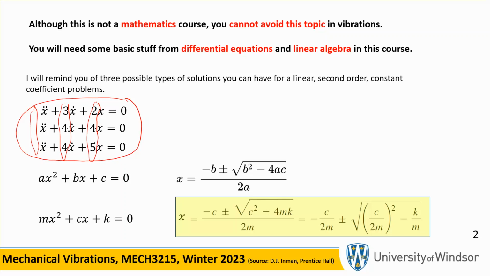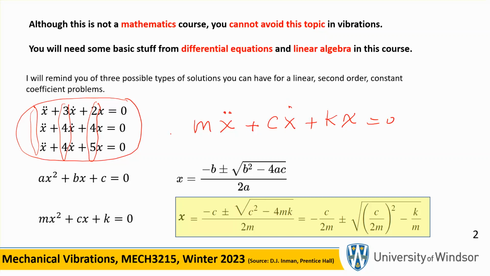What I want to do is go through the solution of these three equations, which will lead into different outcomes, and then come back and discuss the general setup, because in this course, when we treat a single degree of freedom system, our differential equation is going to be like this: the mass times the second derivative, acceleration, plus the damping coefficient times the first derivative, if there is damping, plus the stiffness of the spring times x equal to 0.